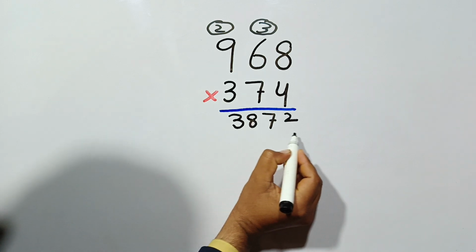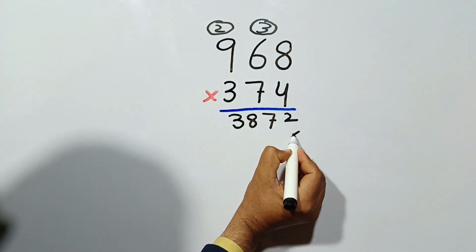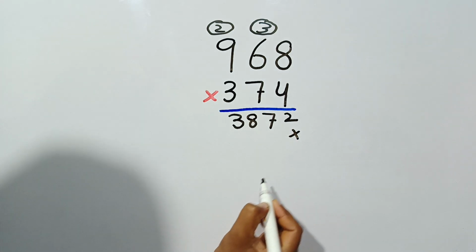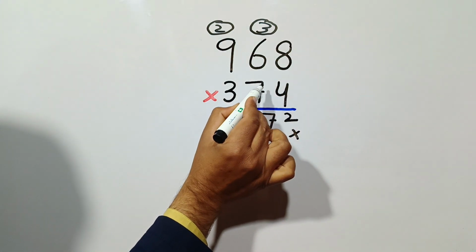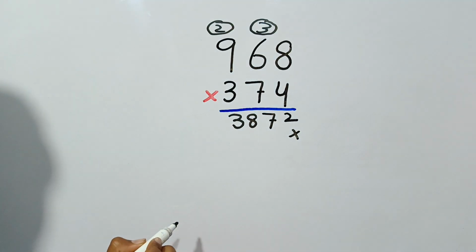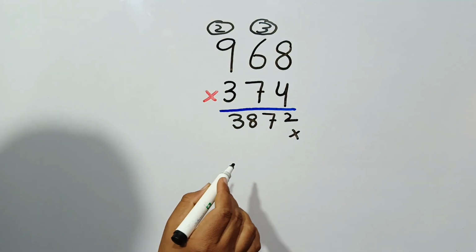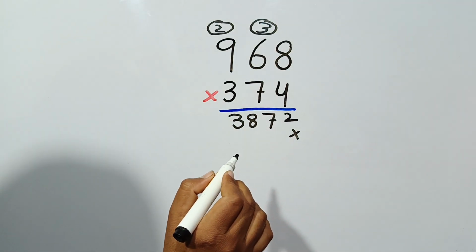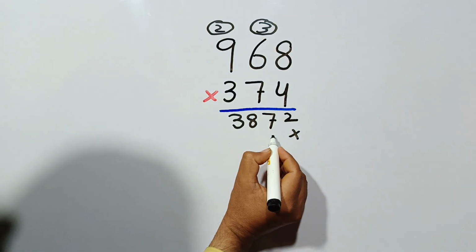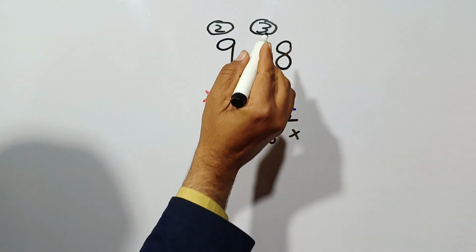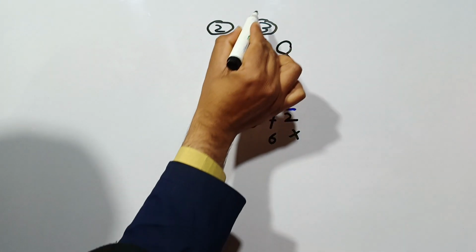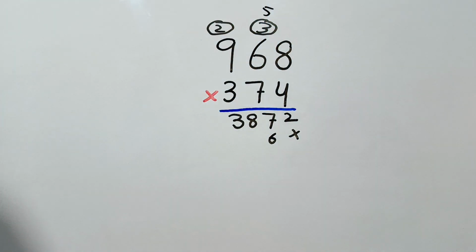Now, again multiplication under the first digit. Now, 7 table, 8 times. We read 7 table 8 times is 56, 5 carry.